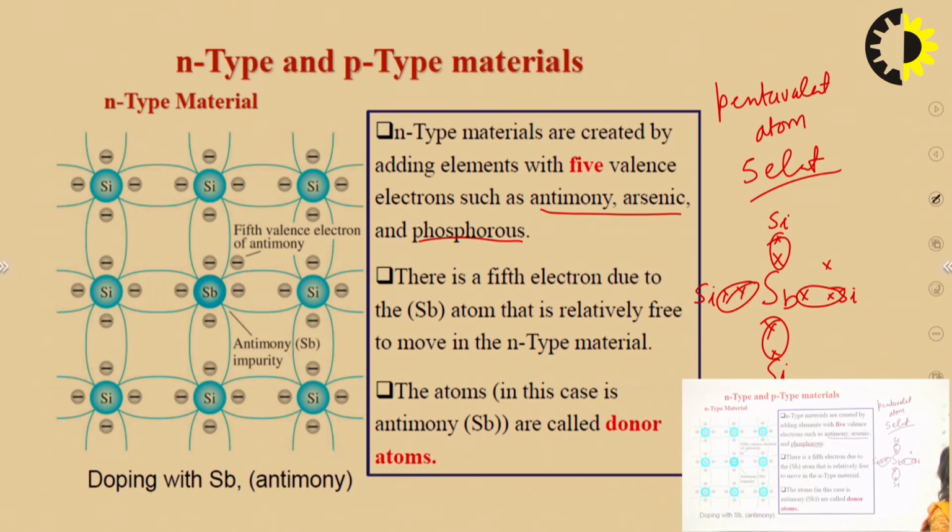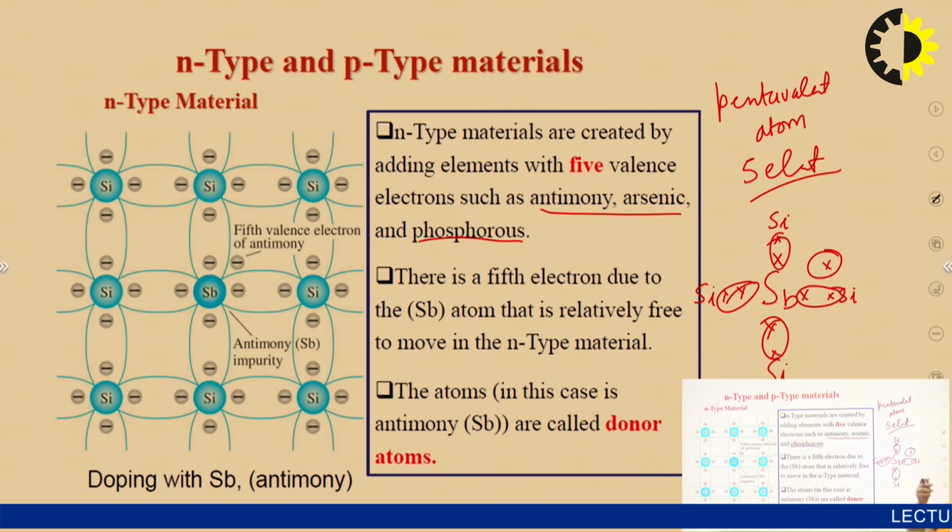And now if we see, this electron is freely available. This electron is not bonded with another atom with a strong covalent bond. So at room temperature, this electron is freely available for conduction.